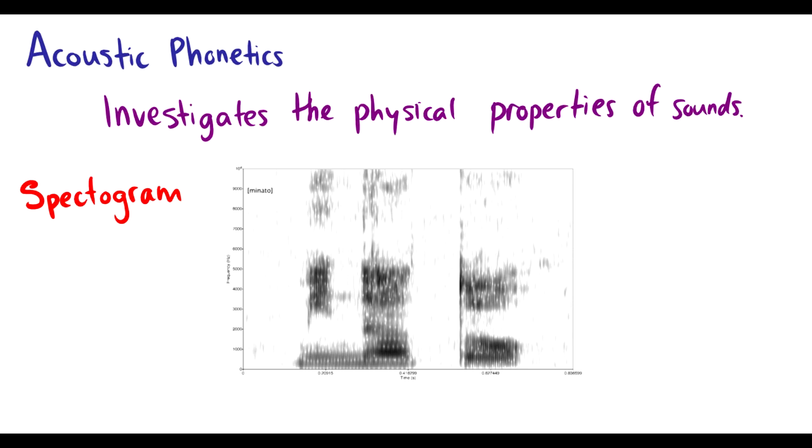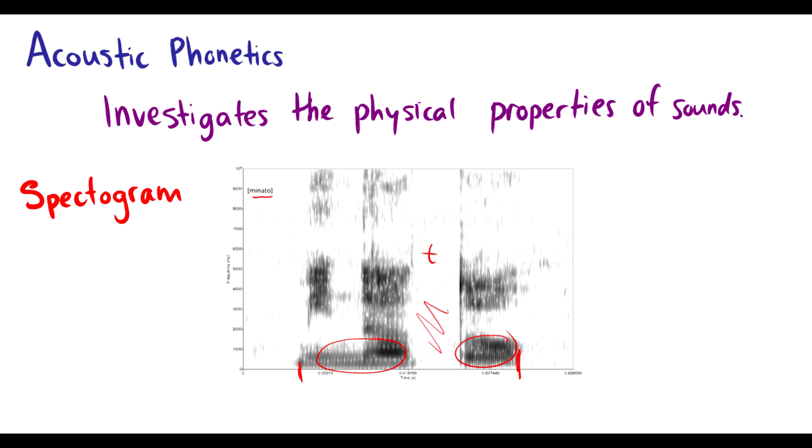So this word is a Japanese word, minato, and this spectrogram gives you the frequency over time. So clearly, the word would start about here, would end about here. You can see some vowels going on in this region, and this little empty space is most likely the T sound right here.